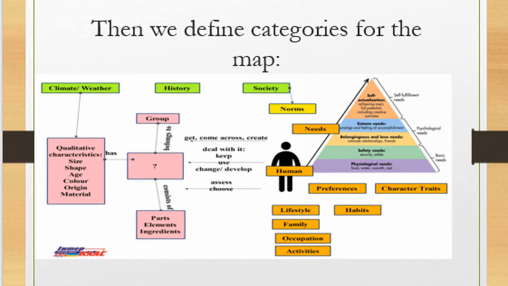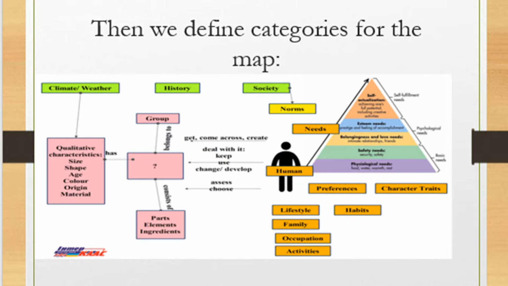First of all, when we think about anything, we can think of the categories which can be compiled into the following map. For example, if we think of something and it's in a rectangle with a question, we can think of the group it belongs to.